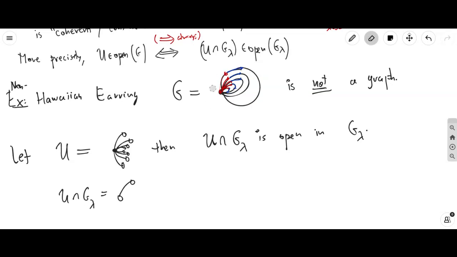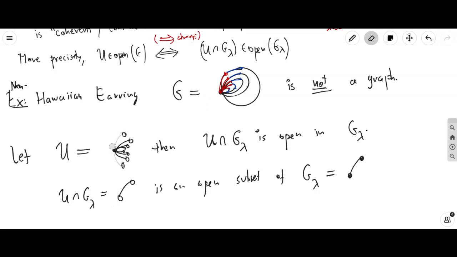Right, so if you're using this one. And we can agree that this is an open interval, right? That's going to be an open set. So that's an open subset of G lambda. And G lambda would just be this entire thing, including the endpoints.